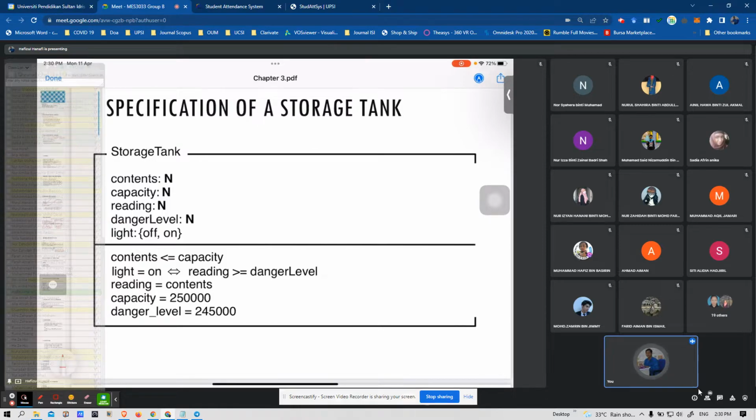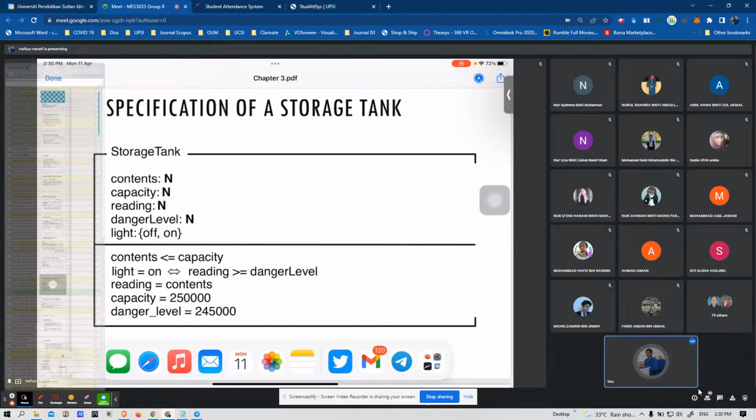Okay, and then we have light on is equivalent to reading. Then reading equal to content, capacity equal to 250,000, and then danger level equivalent to 245,000.